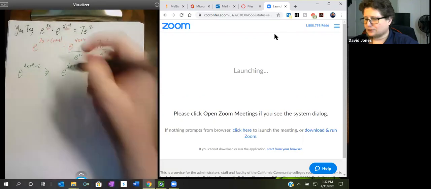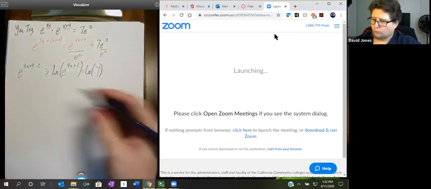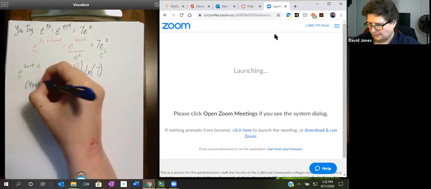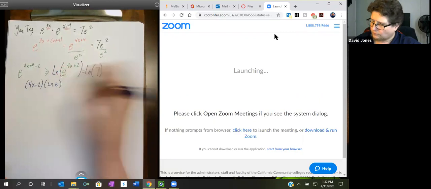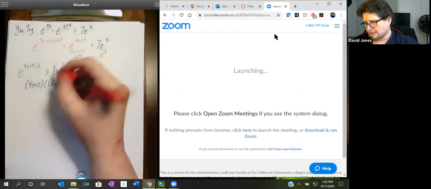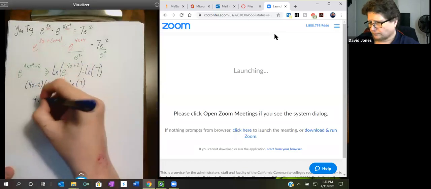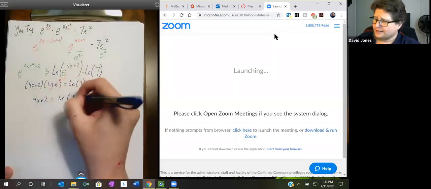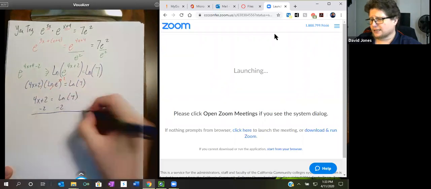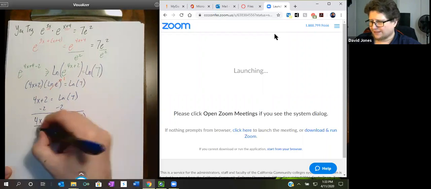And now we can take the natural log of both sides. I'll bring the 4x plus 2 down. Again, the natural log of e equals 1. So we've got 4x plus 2 equals natural log of 7. Subtract 2 from both sides. Divide by 4.